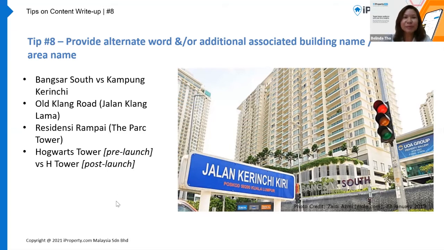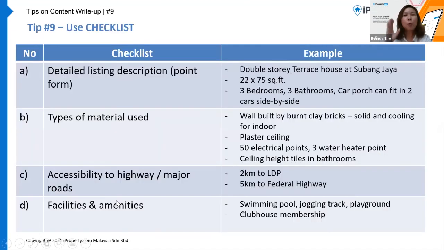Okay, now come to tip number 9. I know where agents come from. Agents will be like, when it comes to writing, oh, I hate it. So to make your work easier, what I am preparing here for you is a compilation of some checklists, and together with the checklist, I put down some examples just to give you a little bit of an idea of what I mean.